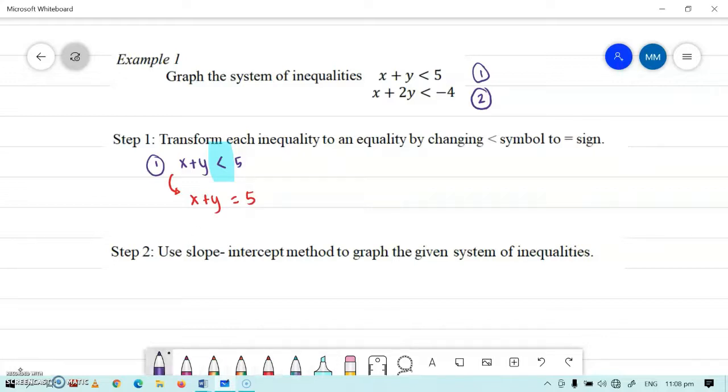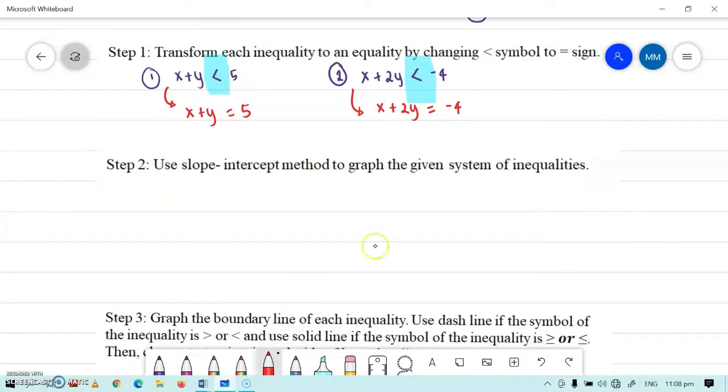Now, moving on to our second inequality, we have x plus 2y is less than -4. Changing our inequality symbol to the equality symbol, we have x plus 2y is equal to -4. Now that we are done with step 1, we can proceed to step 2.